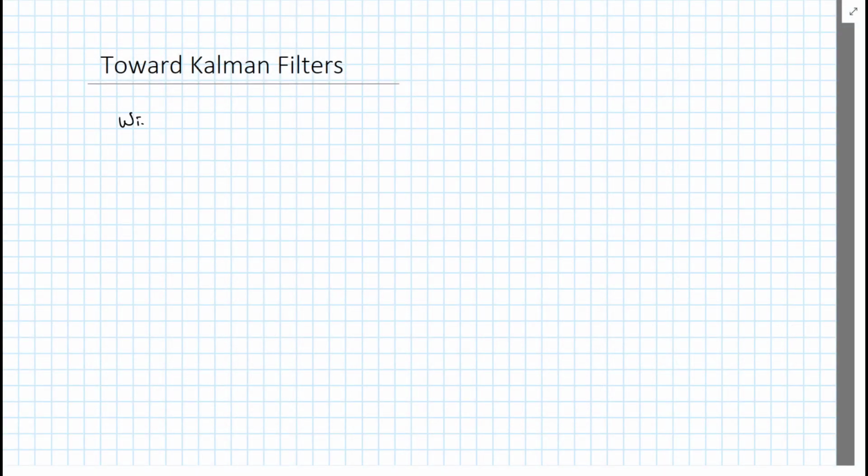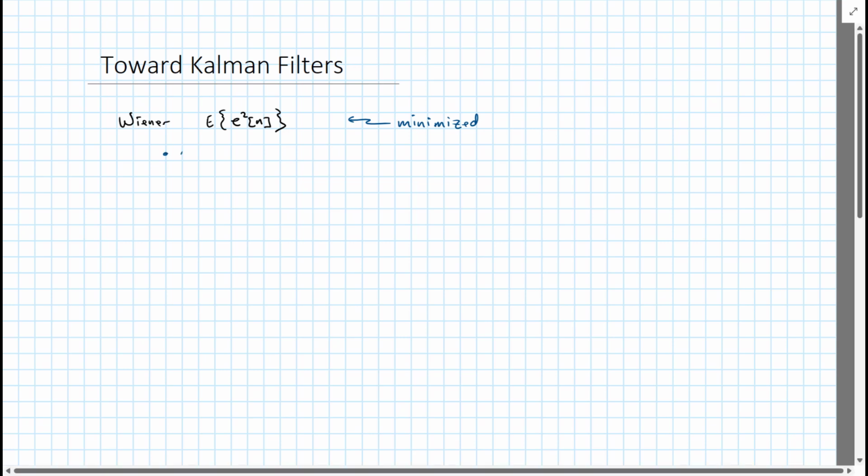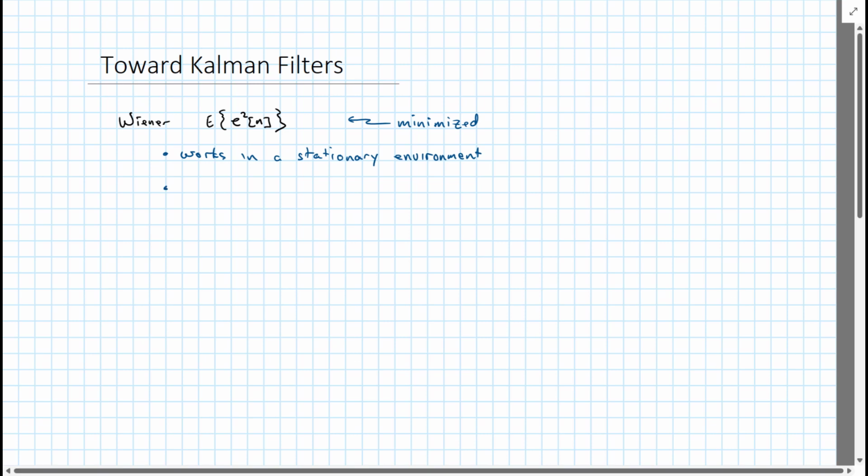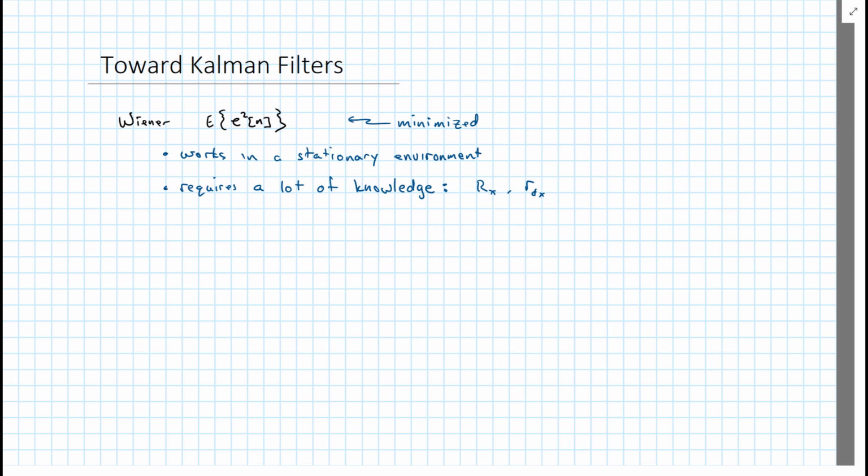So the first filter we discussed was the Wiener filter, and it minimized the expected value of the error squared. As a practical matter, this filter works in a stationary environment. It requires a significant amount of knowledge, namely Rx and Rdx.